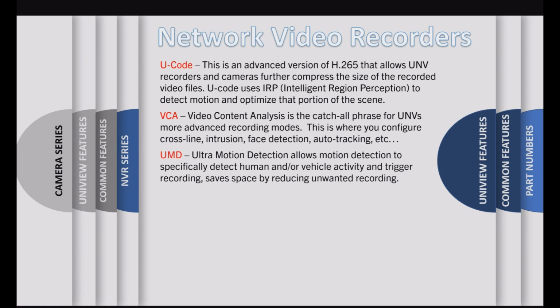So one of the more recent features added by Uniview is UMD, which stands for Ultra Motion Detection. This is motion detection that occupies the entire screen, but will only trigger when it senses humans, vehicles, or bicycles, based on the configuration that you set up when you activate this feature.